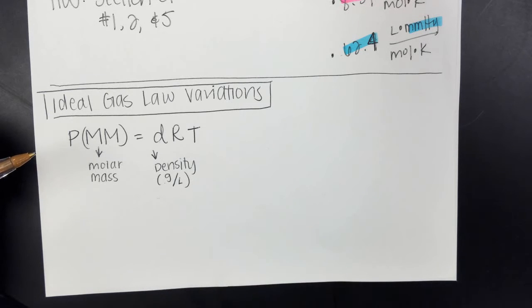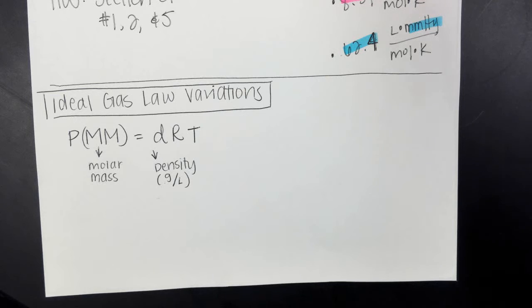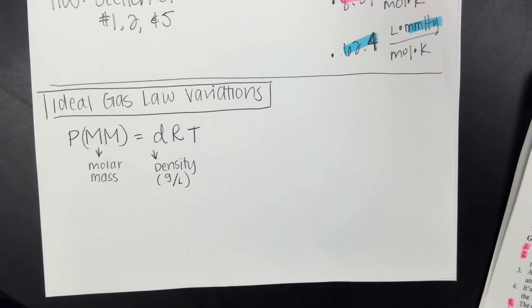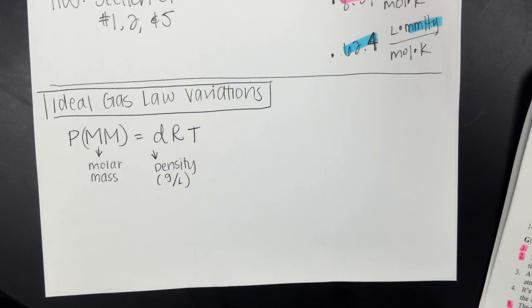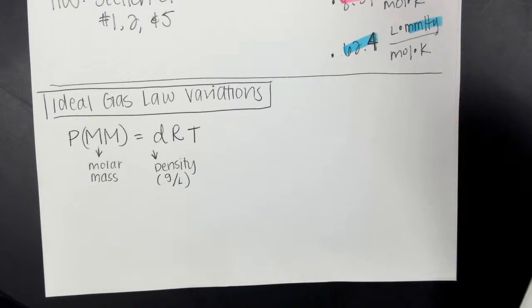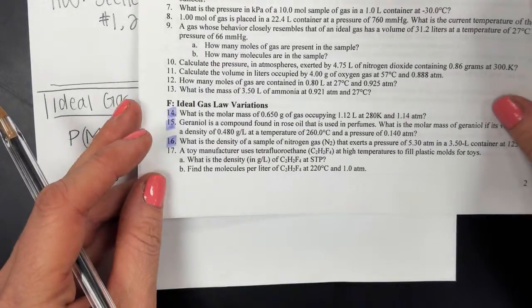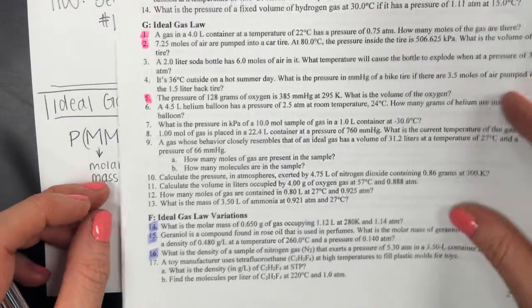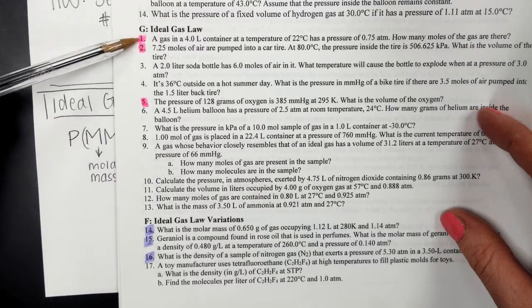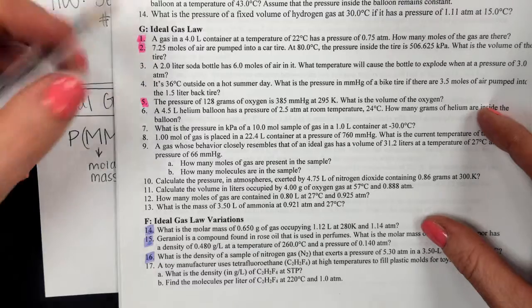Okay, the practice problem that I picked to do with you in this video has that situation. Before we do our practice problems, which, by the way, for the rest of class, I want you to finish some of these ideal gas law problems, the basic ones.